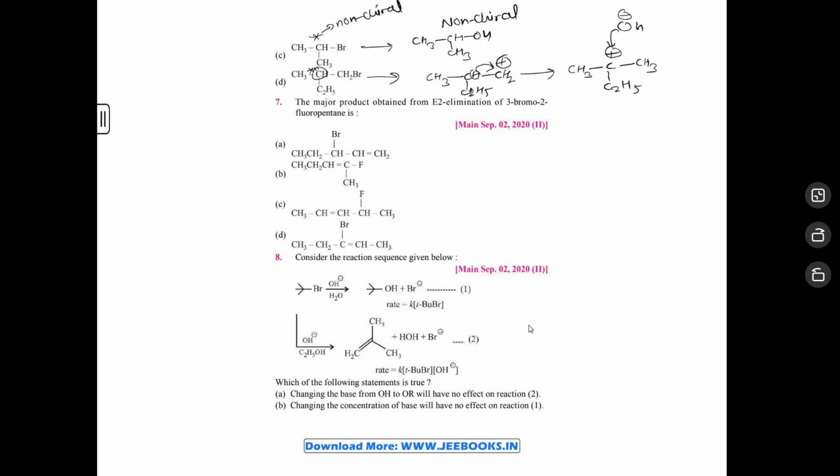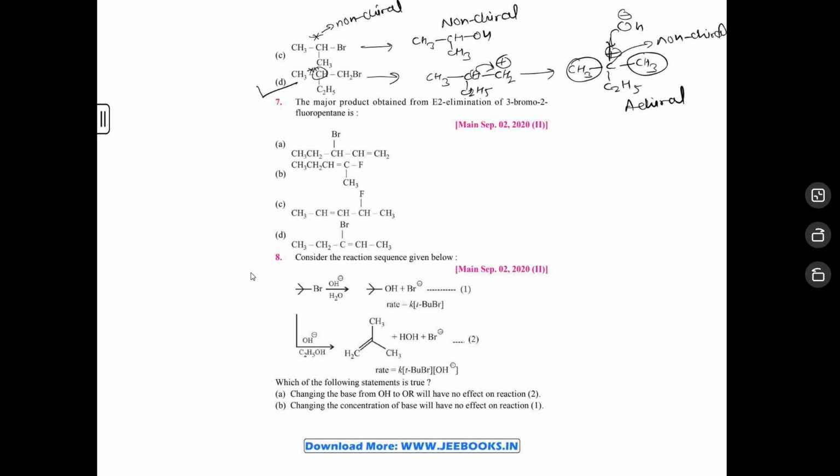Now in this product, let's make the bond. If you see, these two carbons are the same methyl groups, hence it is a non-chiral center. So the reactant was chiral, but the product is achiral. So in this case, we can say that retention of configuration takes place. So the correct answer will be D.